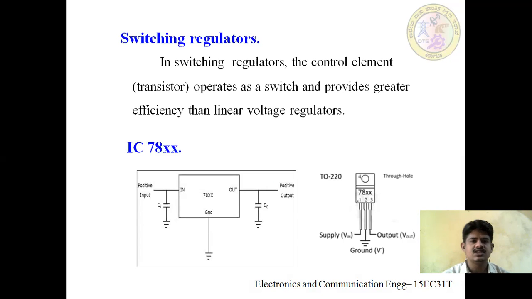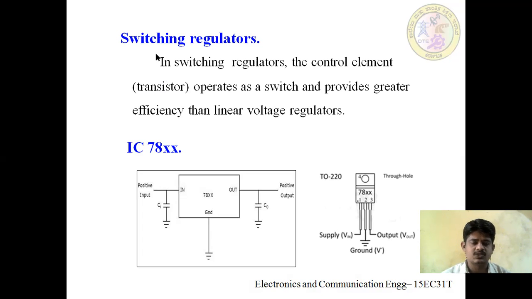The third one is the switching regulator. First we have seen the fixed, second is adjustable, third is switching. In this, it will have a control element which operates as a switch, and it will provide higher efficiency compared to the linear voltage regulator. So it has its own advantage compared to the other linear voltage regulators.